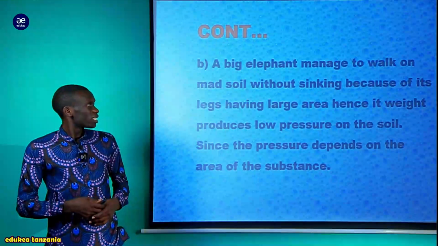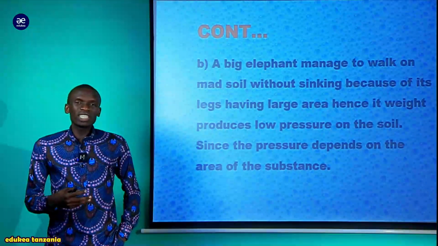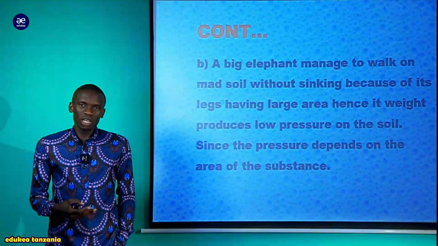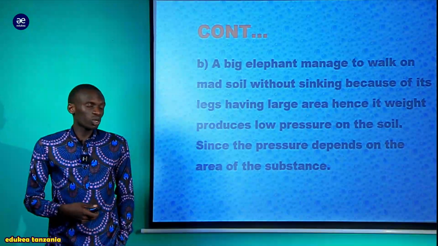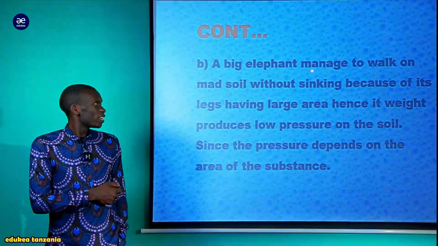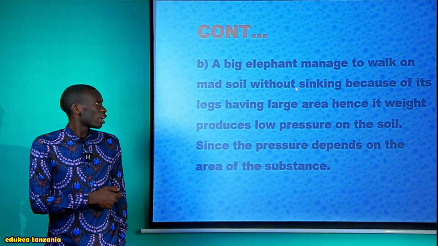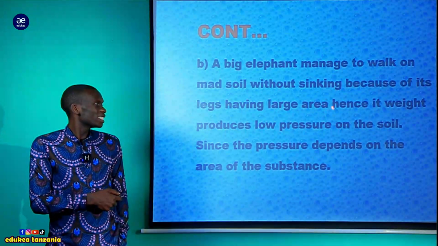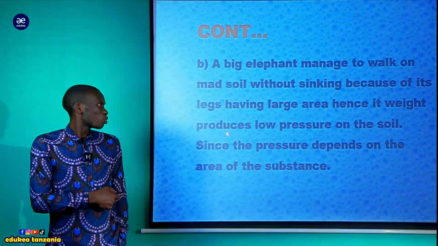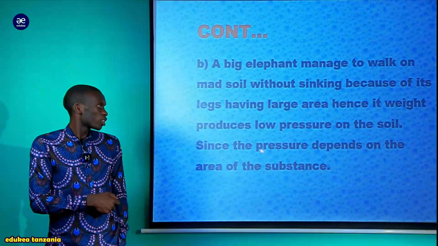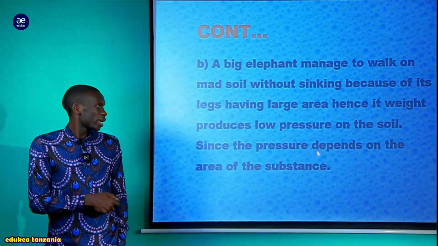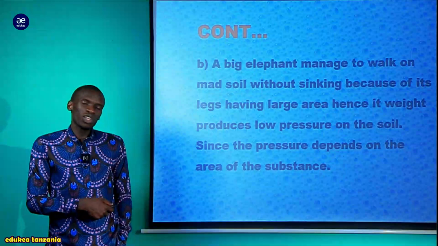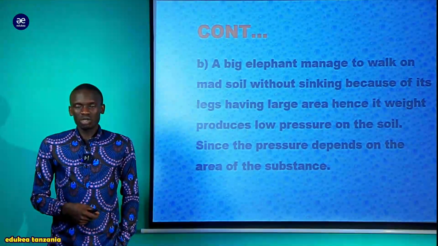After then, let's see about the question, why does an elephant manage to walk on mud soil? You say a big elephant managed to walk on mud soil without sinking because of its legs having large area. Hence, its weight produces low pressure on the soil. So the pressure depends on the area of solid materials.